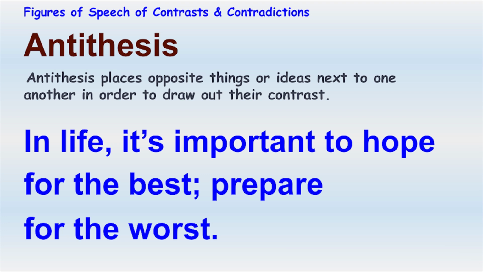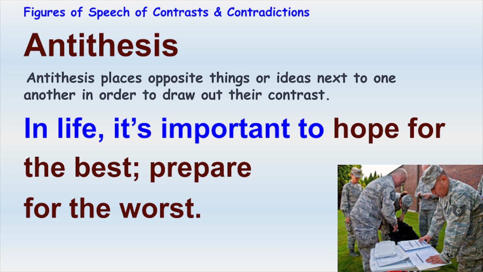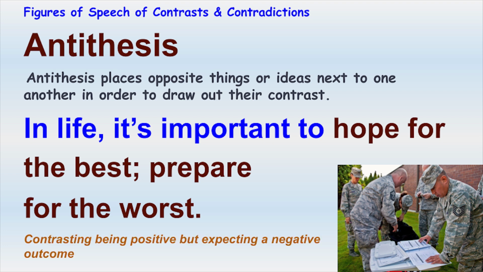The figure of speech is hope for the best, prepare for the worst. This sentence uses antithesis by placing the contrasting ideas of hoping for a positive outcome, but at the same time preparing for a negative one. So there we see the contrast of opposite ideas.